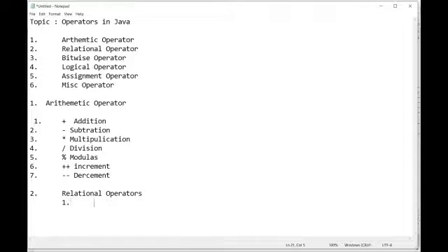Say one is double equivalent, we call that the equal to operator. Second one is not equivalent to, not equal to.